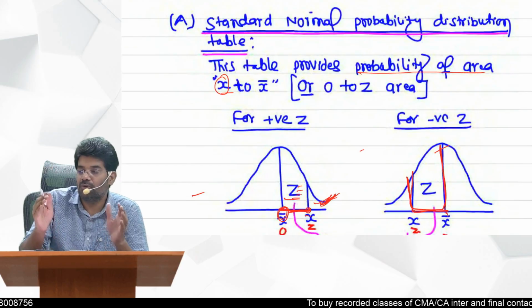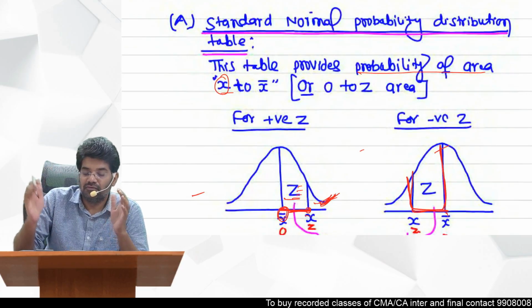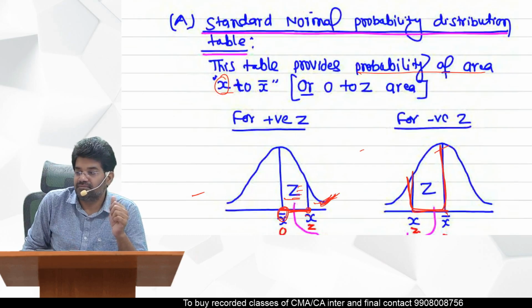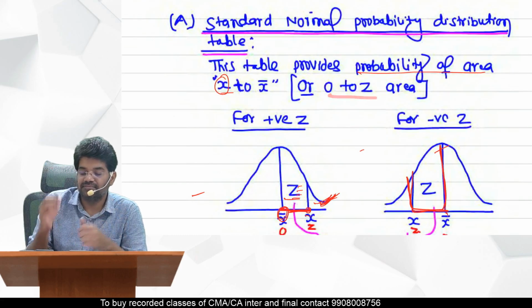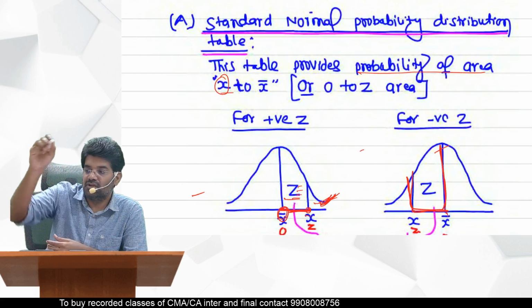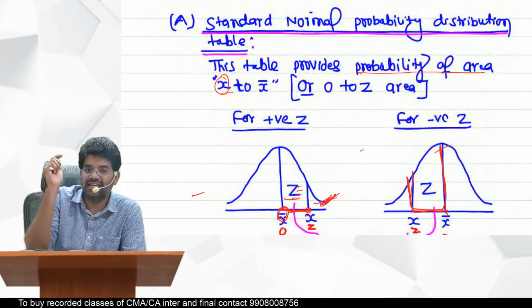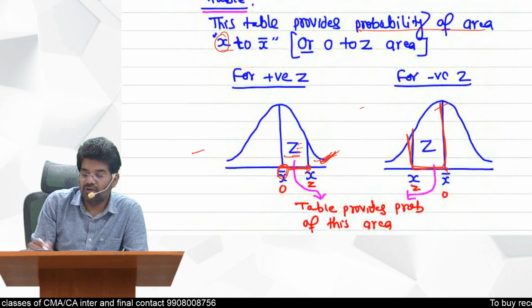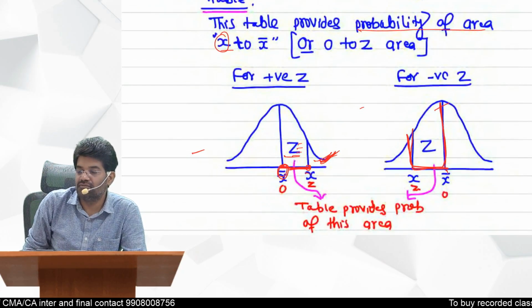This table will provide the area from X to X bar. X to X bar means from 0 to the Z area. Only from the mean to the Z value is it going to give the area.